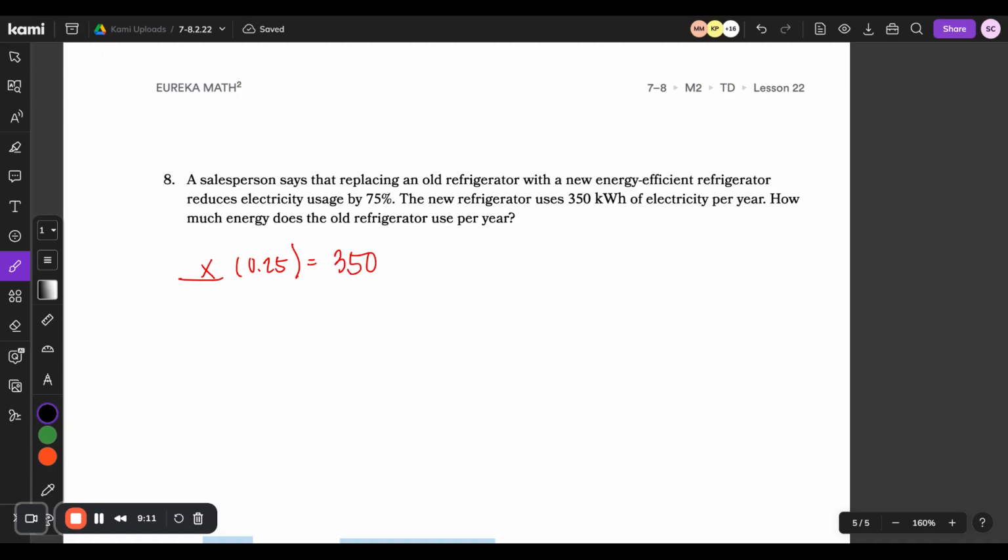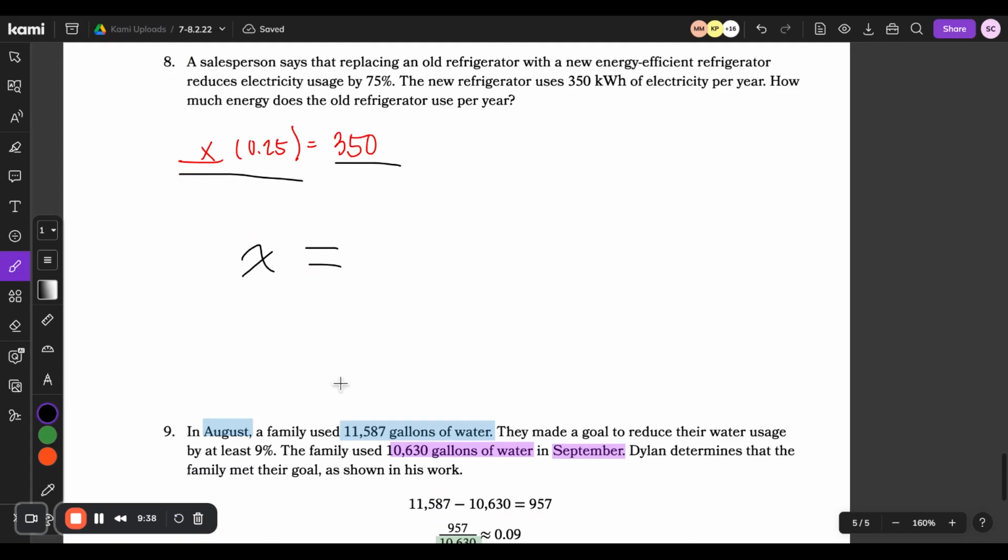So the new refrigerator uses 350 kilowatts of electricity per year. How much energy does the old refrigerator use per year? So our equation is X times 25% is equal to the 350. And so for this one, we are dividing by 25 hundredths on both sides to figure out what X is equal to. And then that is going to help us figure out how much energy the old refrigerator used to use.